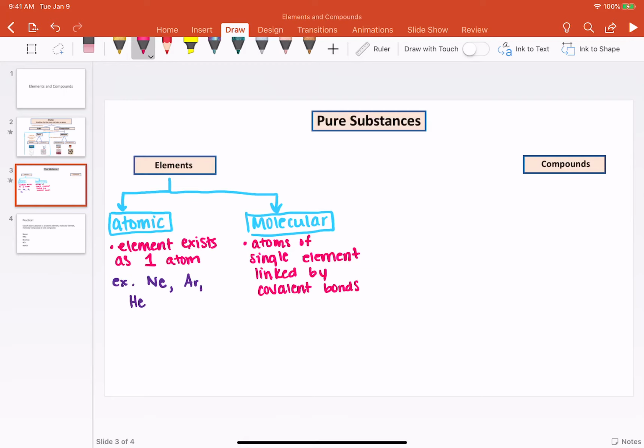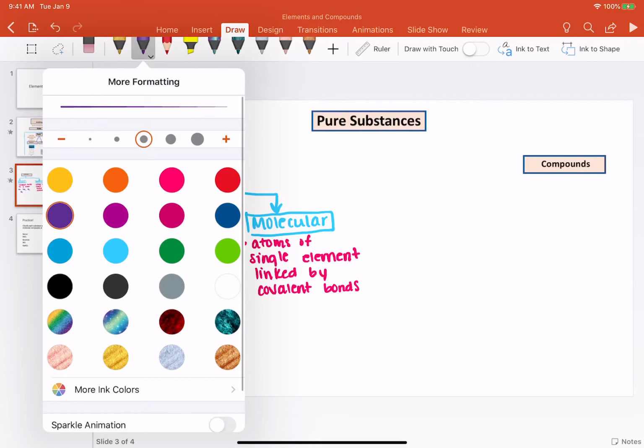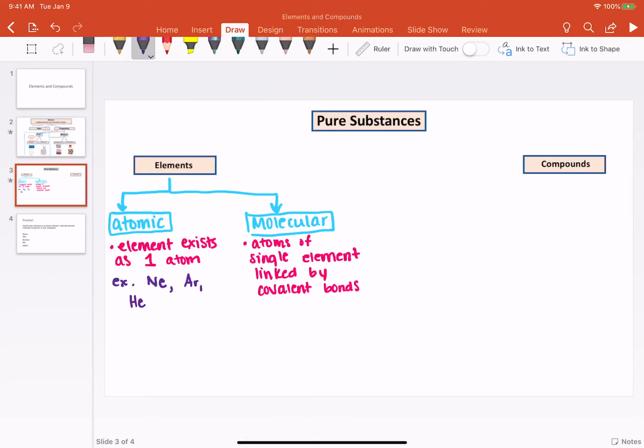And the key here, what distinguishes this from what we consider to be a compound, is that the atoms are all the same element. Most of the ones we're going to look at here are what are called diatomic elements. Diatomic meaning two atoms, and these are the ones I want you to memorize.